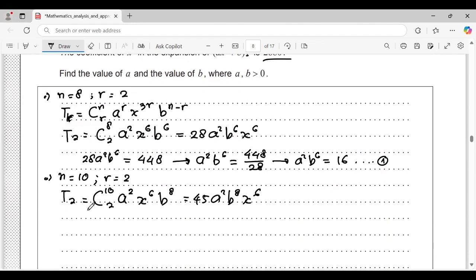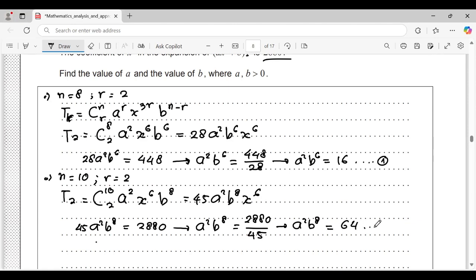So we can state that 45 a squared b power 8 equal 2880, or a squared b power 8 equal 2880 divided by 45. A squared b power 8 equals 64. This is the second equation.